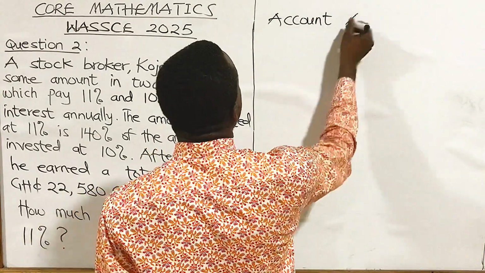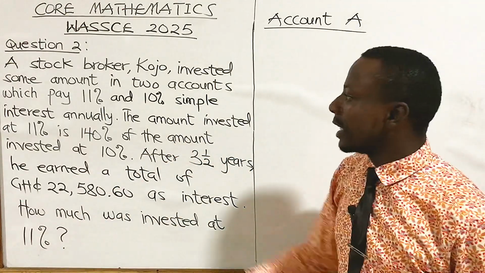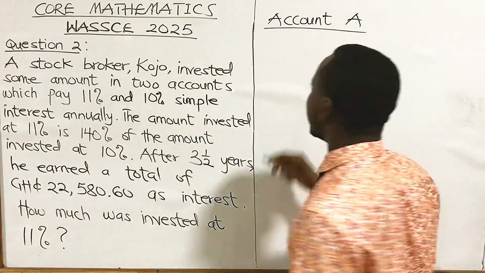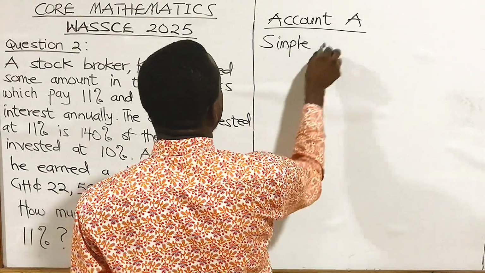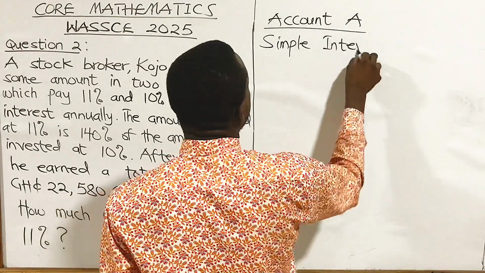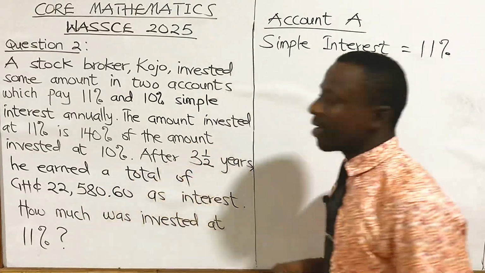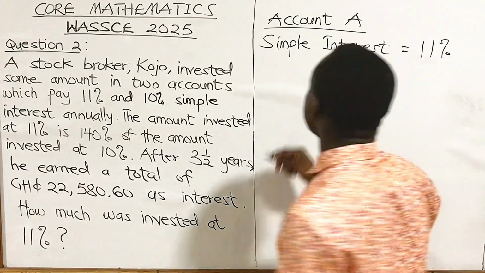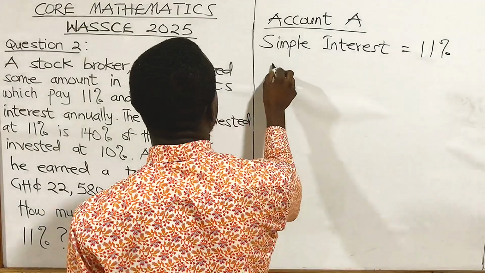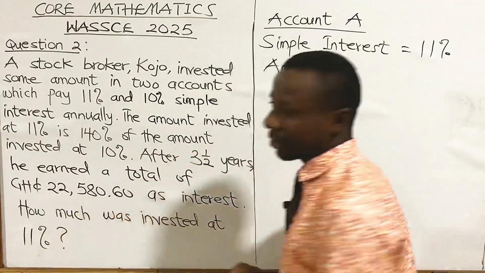So account A. In account A, the simple interest we have is 11%, and the amount in that account is unknown.